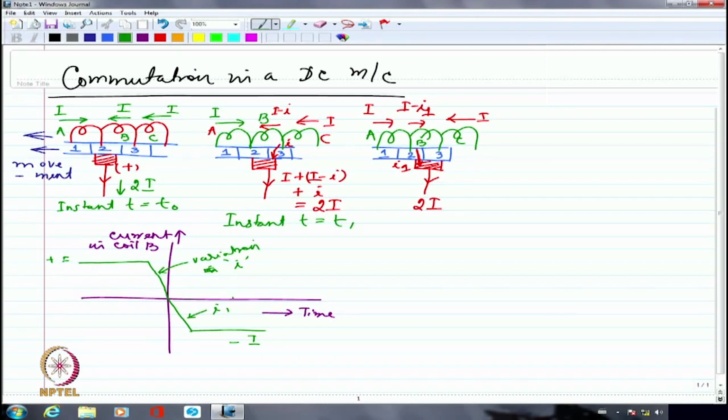During that condition, small I keeps increasing slowly, because of which, when the contact area of the brush to 2 as well as 3 is exactly equal to each other, coil B will carry 0 current, because small I will become equal to capital I. That's when it becomes 0 current.